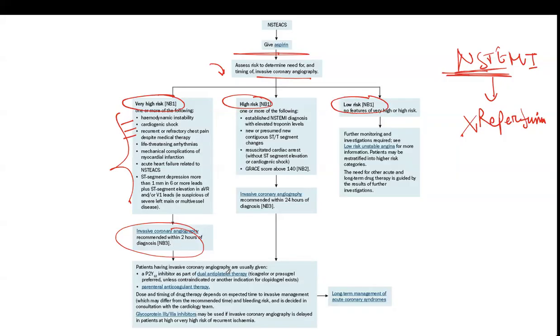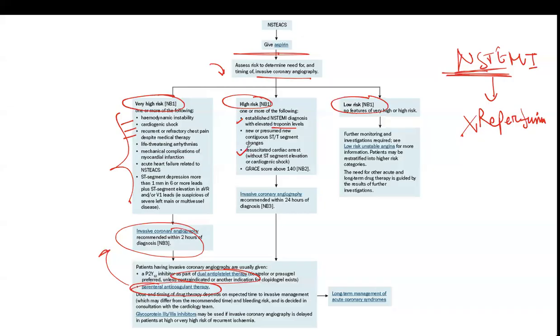And they will also have dual antiplatelet therapy, like aspirin and clopidogrel. They will also have heparin. But this patient, because they are quite unstable, even if they are non-ST elevated MI, will need the angiogram within 2 hours. What about the high-risk group? High risk is a patient who has established non-ST elevated MI with elevated troponin.